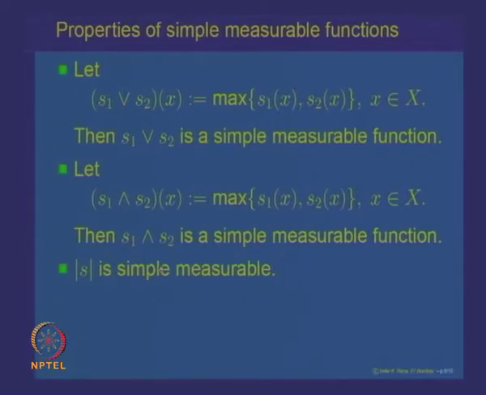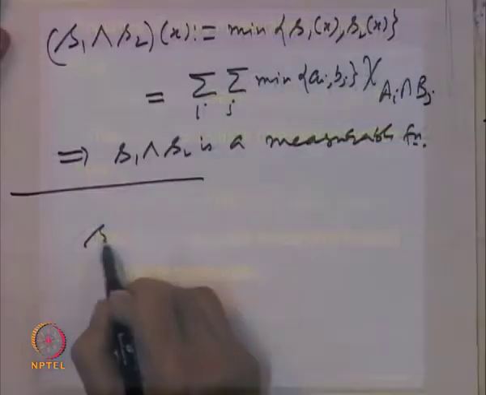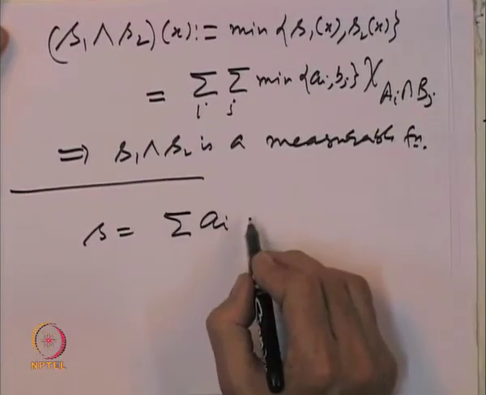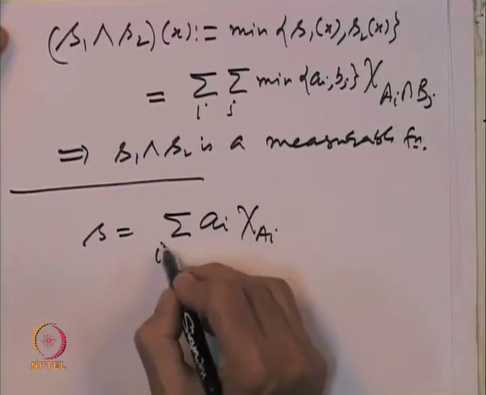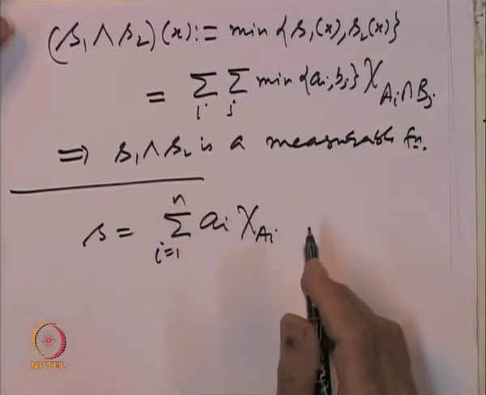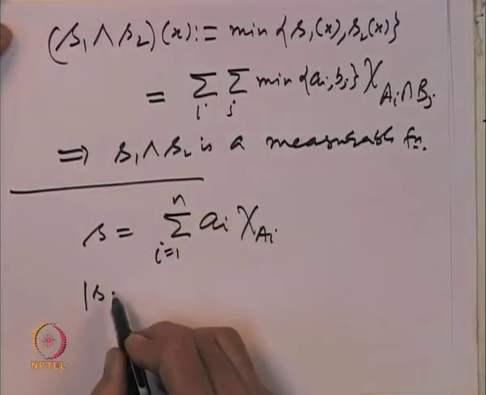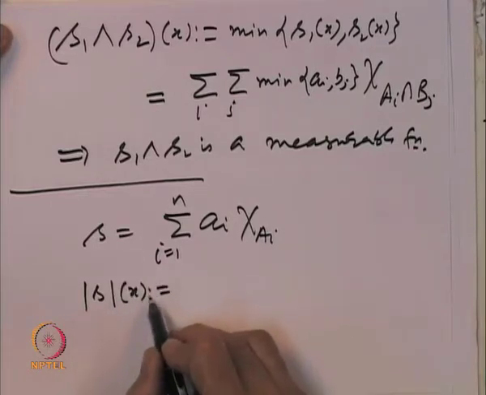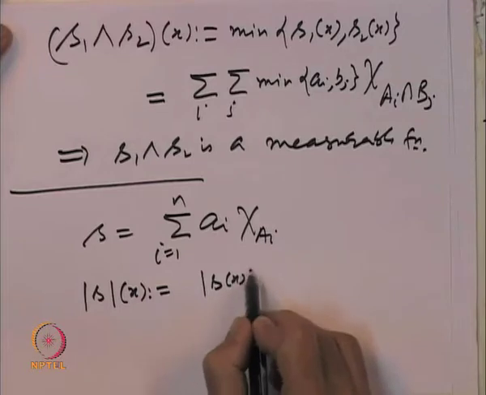Well, there are many ways of looking at this. One can also look at S equal to sigma a_i chi of A_i, i from 1 to n. Then what is mod S? Mod S is a function defined at x to be equal to mod of S of x.